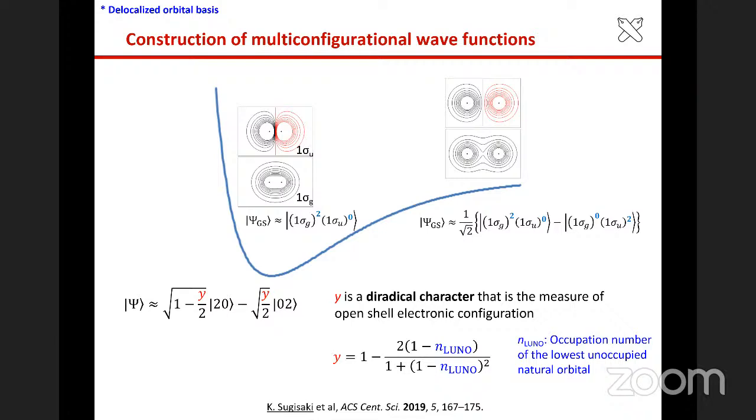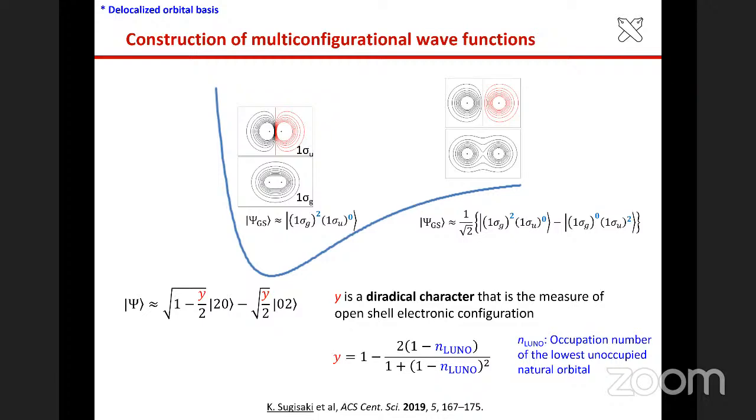Roughly speaking, in the Hartree-Fock case y equals 0, and in the bond dissociation limit y equals 1. Somewhere in between, we have a diradical character between 0 and 1.